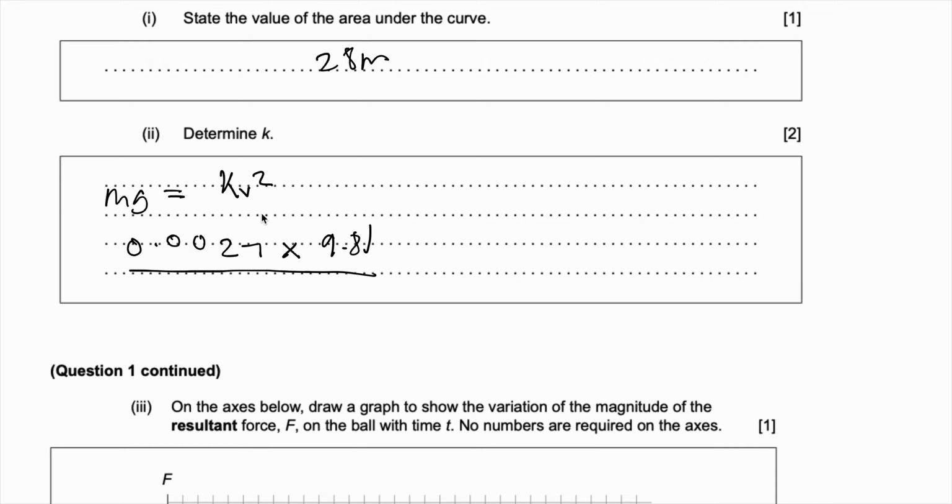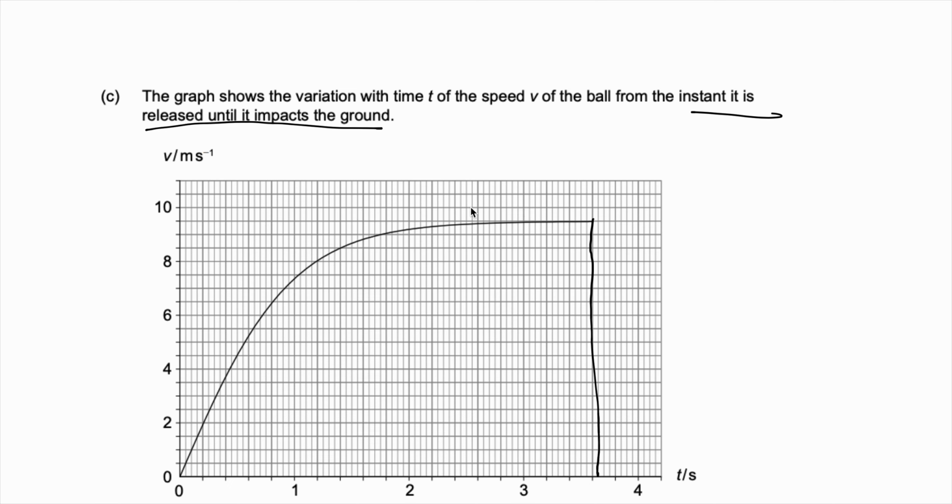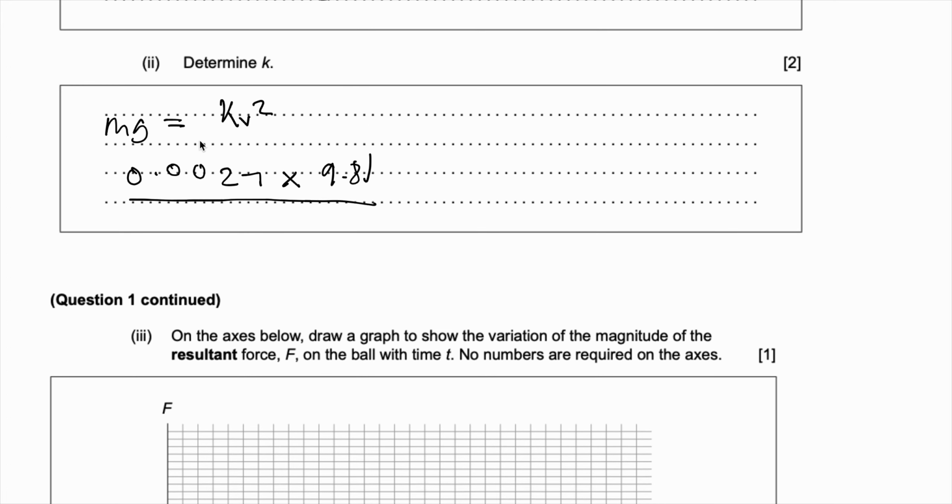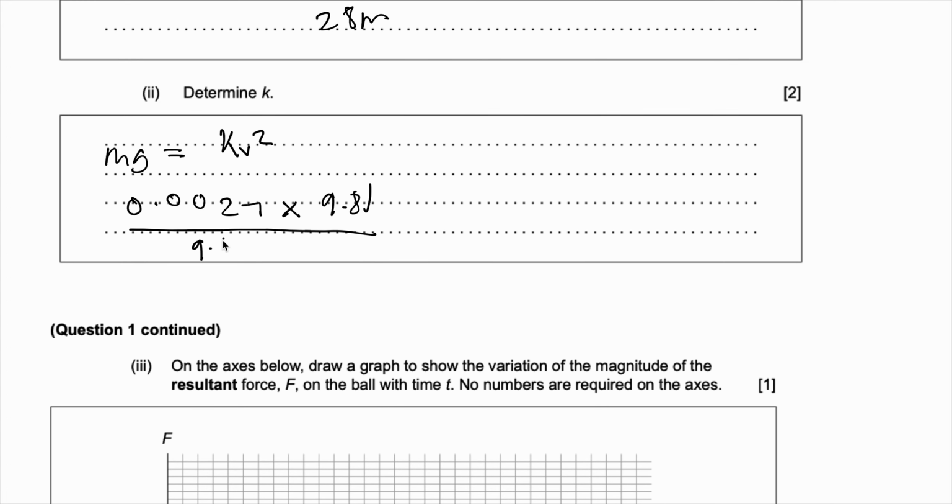Now what's the velocity when it has reached terminal speed? That is approximately this point right here, which is 9.5. Okay, so its terminal velocity is 9.5. So 9.5, the whole squared. Okay, so this will give us k.